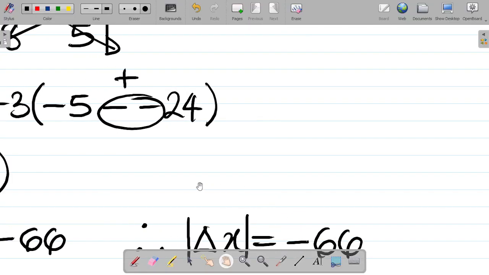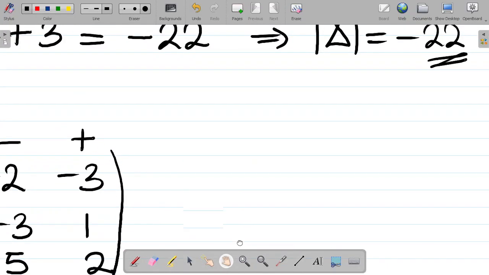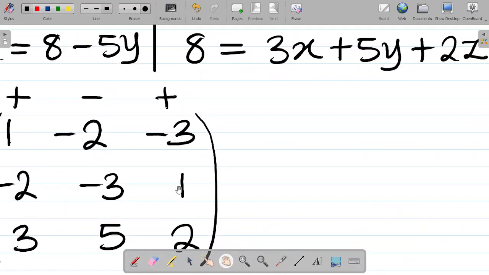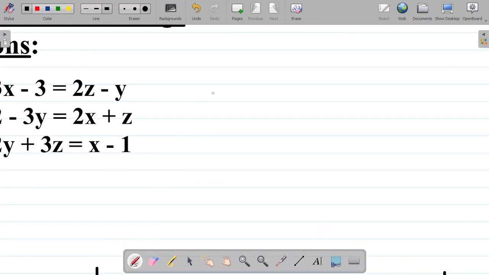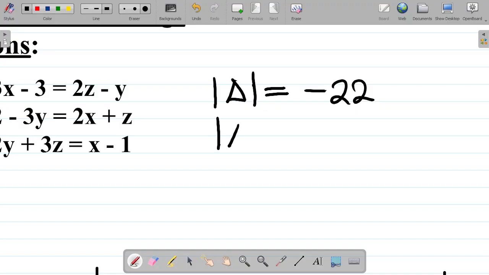Alright, so proceeding with this, I'll just write out the values of the determinant of lambda and lambda x. We got that the determinant of lambda is equal to minus 22. We got the determinant of lambda x as equal to minus 66.